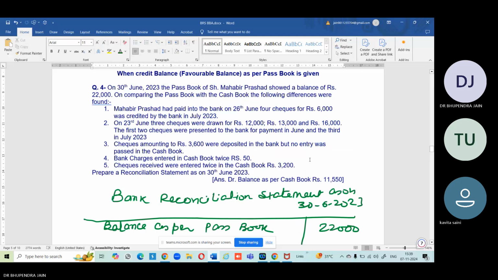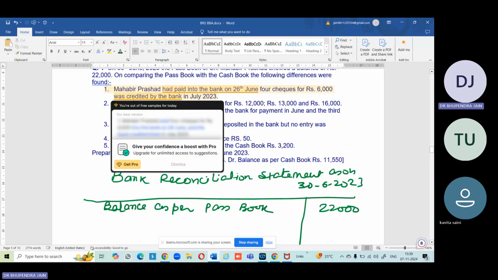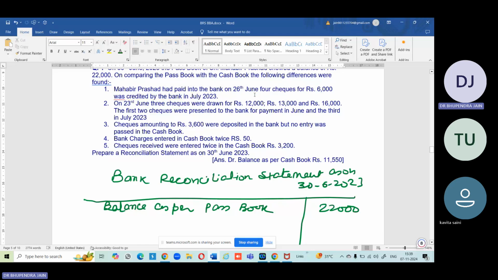Next, Mahavir Prasad paid to the bank on 26 June a check of rupees 6,000, which was credited in the bank in July.